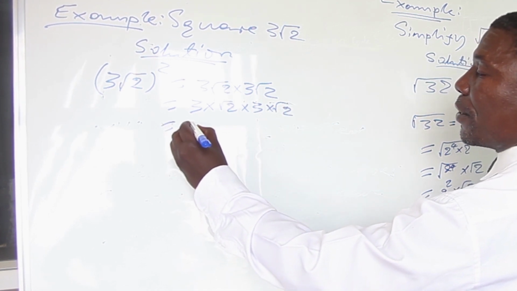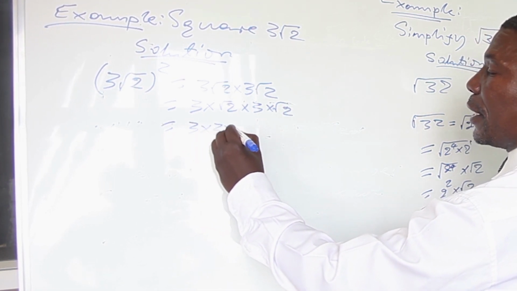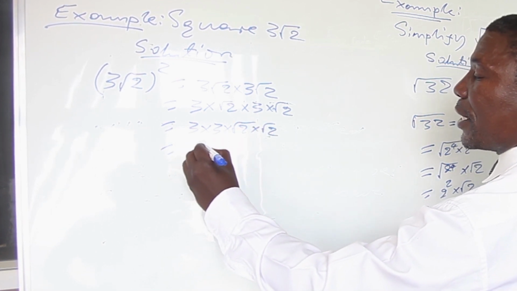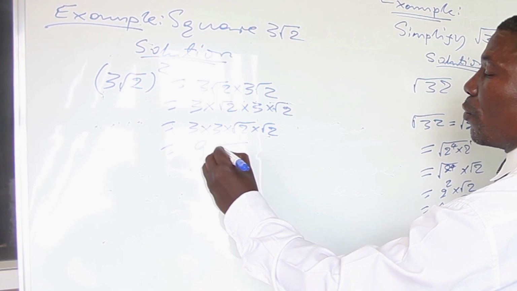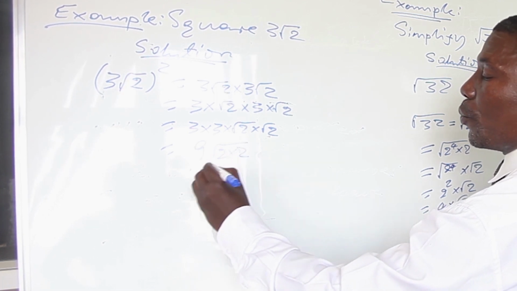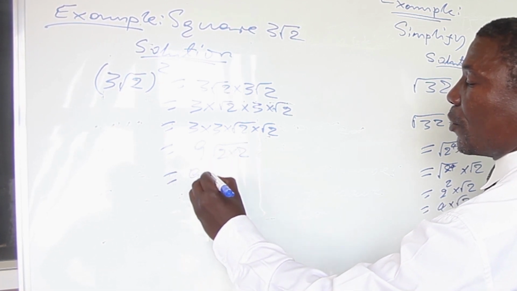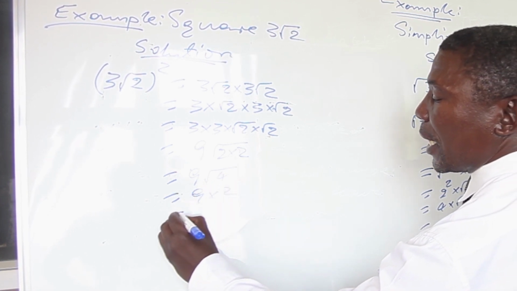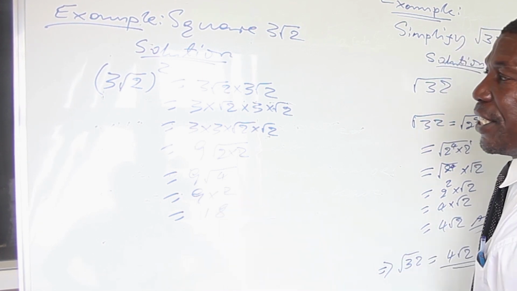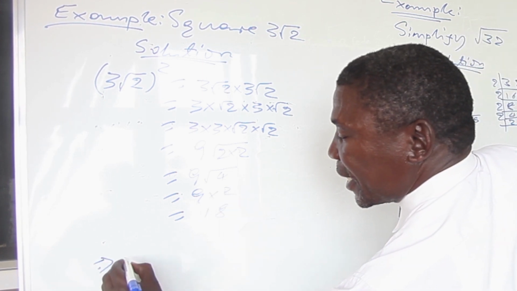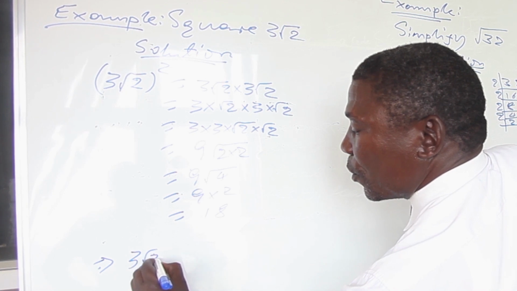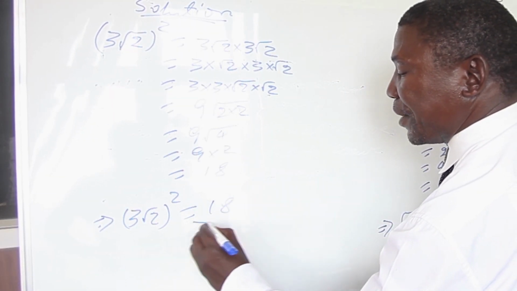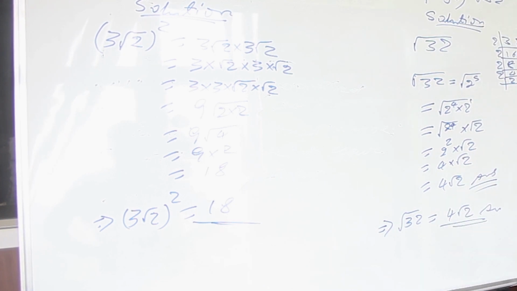This becomes 3 times 3 times the square root of 2 times the square root of 2, which is 9 times the square root of 2 times 2. This is 9 times the square root of 4, which is 9 times 2, giving us 18. Implying that 3 root 2 squared equals 18.